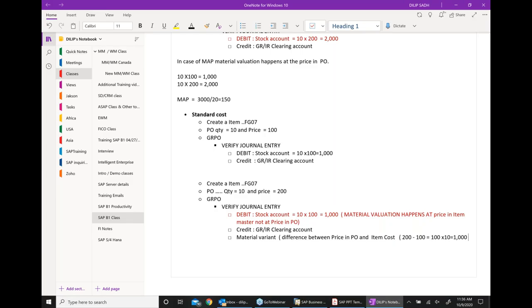That's why the material variance is equal to 1000. Okay. So make a note of this. Somebody was asking in the beginning what is the different material valuation and all that is. So that is how the material valuation happens.